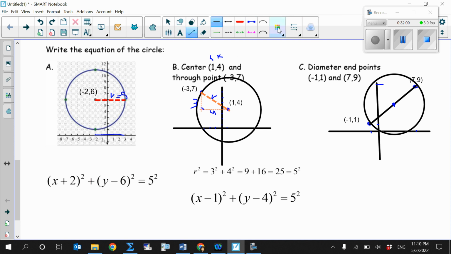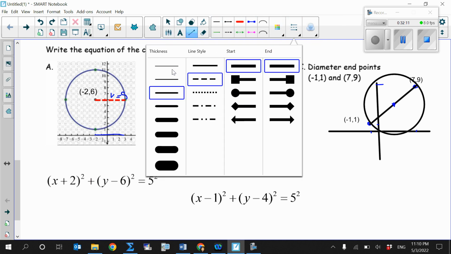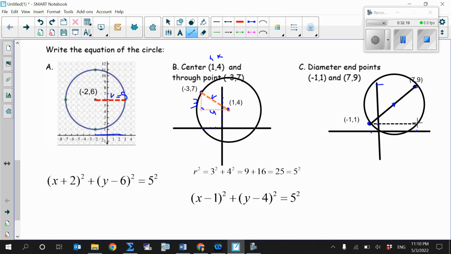So we're going to start from there, and in order to find the radius, the same way that we did before, we're going to draw a horizontal line and also a vertical line in this way, so we can find the horizontal distance and the vertical distance between these 2 points. Horizontal distance, just subtract the x values, 7 minus -1, that's 8.